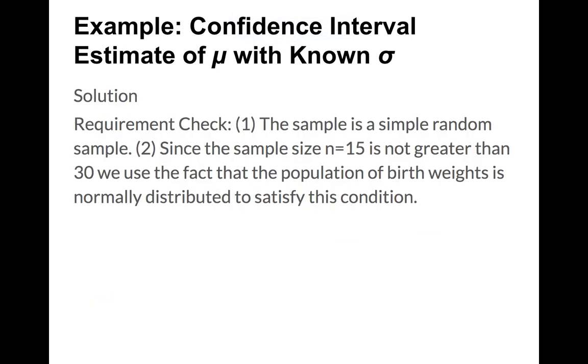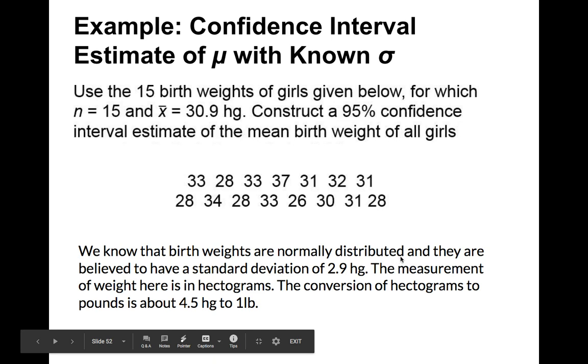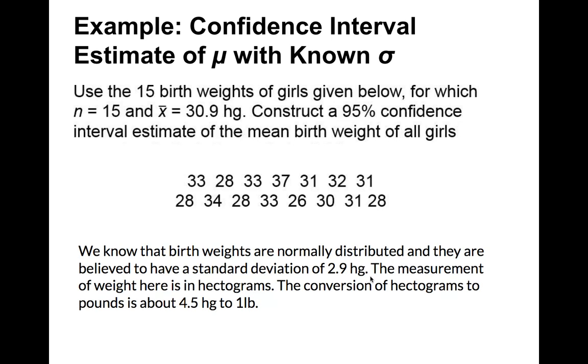First thing we have to do is check the conditions. Is it a simple random sample? Again, I'm not going to give that to you unless I say so, but you might want to check. Since our sample size is only 15, that's not greater than 30, so we have to come back here and ask, did this say anything about normal? We have 15 girls to construct a 95% confidence interval, and we know that birth weights are normally distributed.